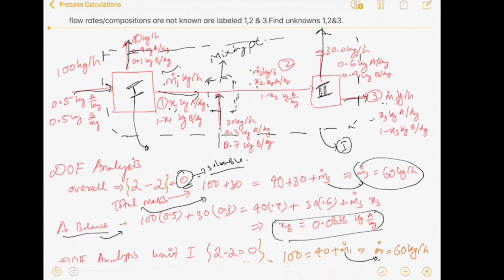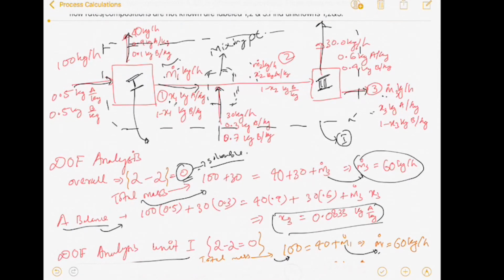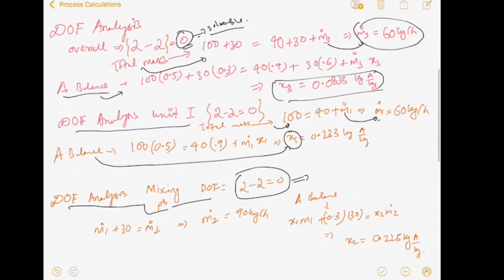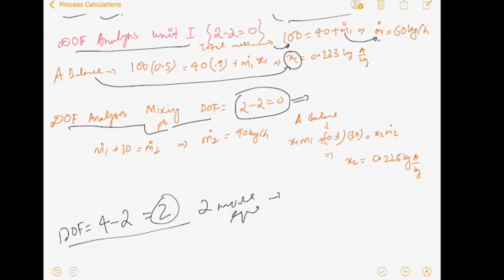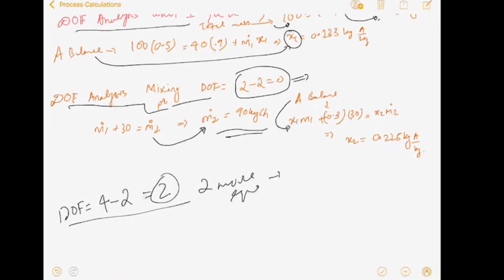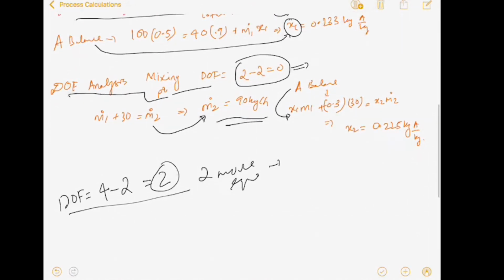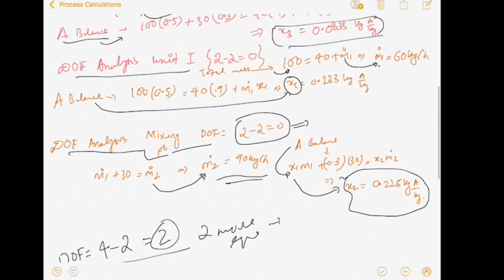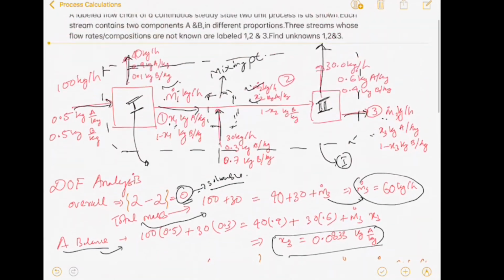So now the mixing point has only two unknowns, M2 dot and X2. We do the total mass balance, M2 is solved. Similarly, we do an A balance. You can also do a B balance, it doesn't matter. We get X2. So this is the question.